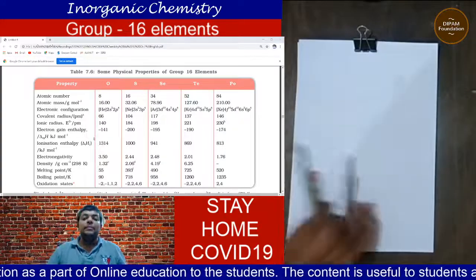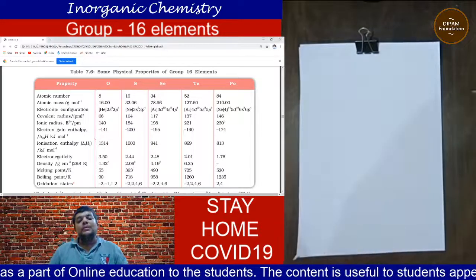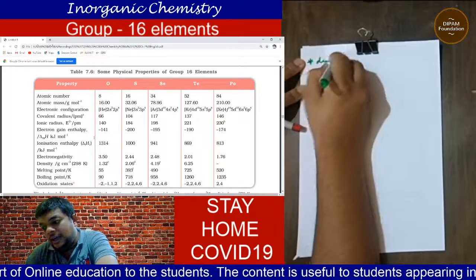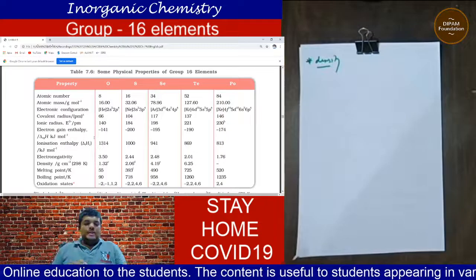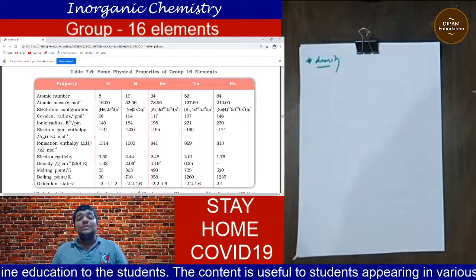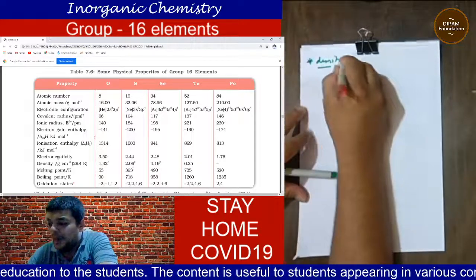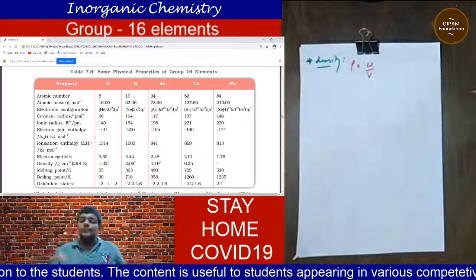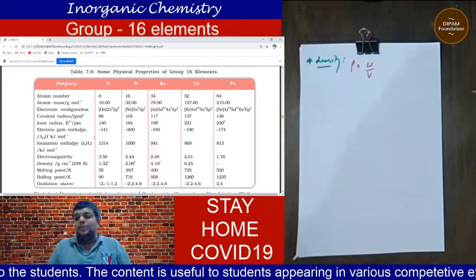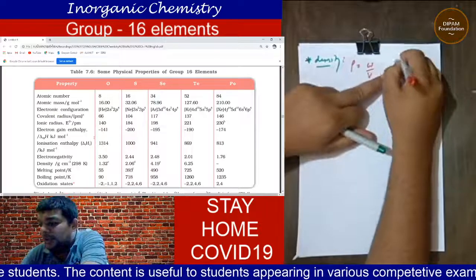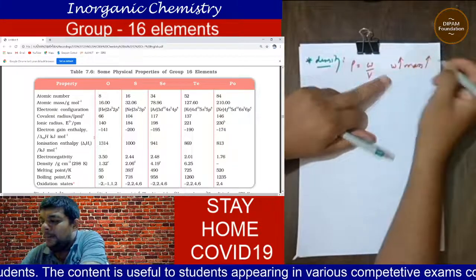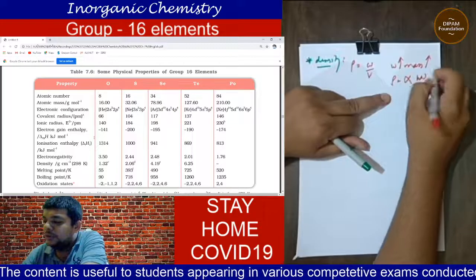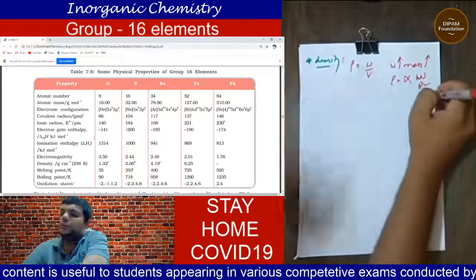In the same phenomena, when we have the data of atomic mass, let us find out the trend in density. So when it comes to density, very well mind that density is equal to weight by volume, and with the increase in weight or mass, density increases because it is directly proportional to weight or mass.